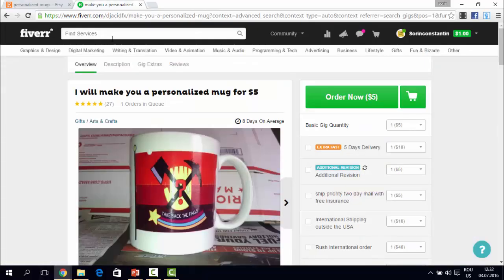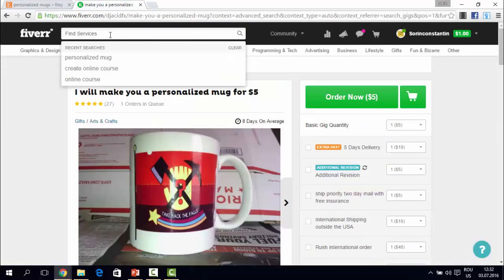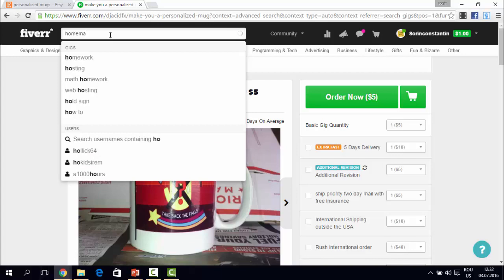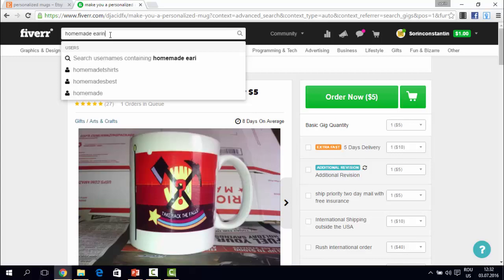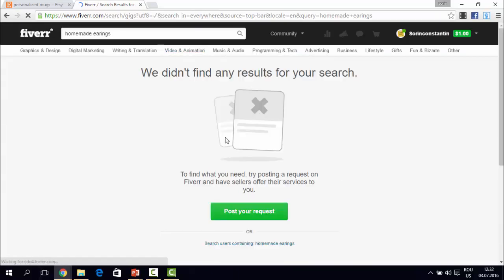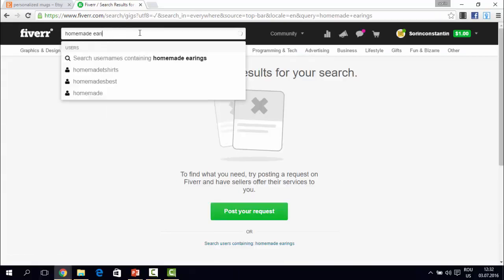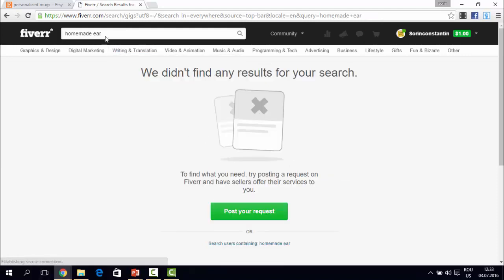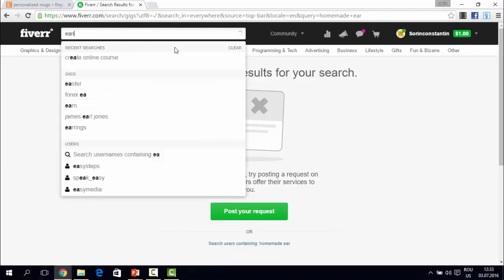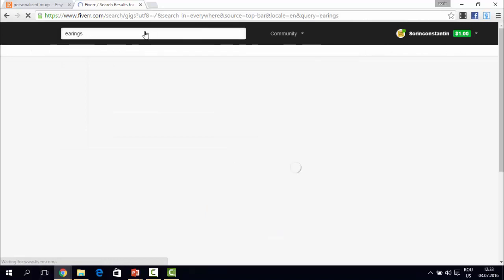Now what you can also do, for example, we talked about homemade earrings. Let's see if we find them here. I don't think I've written it well. Okay, I don't find the homemade earrings. Let's see if I find them like this.